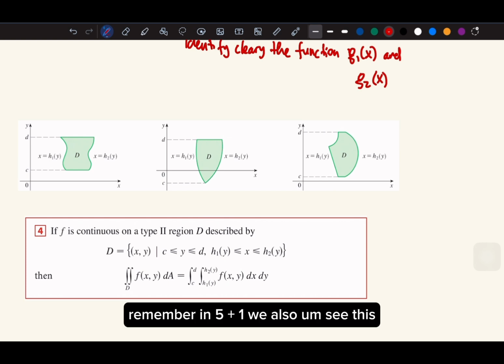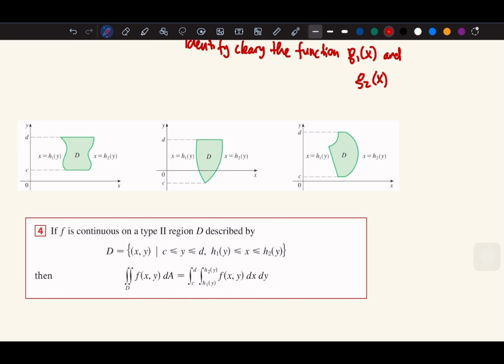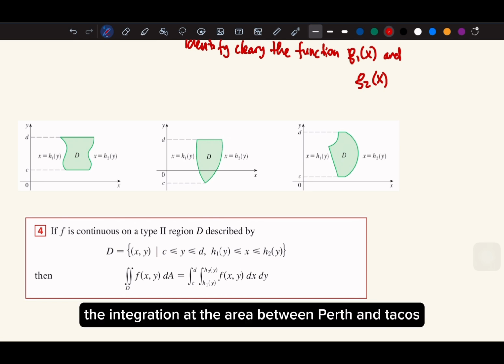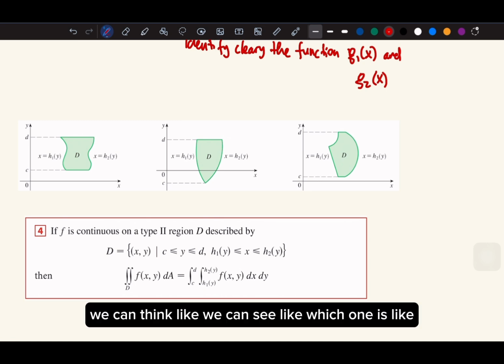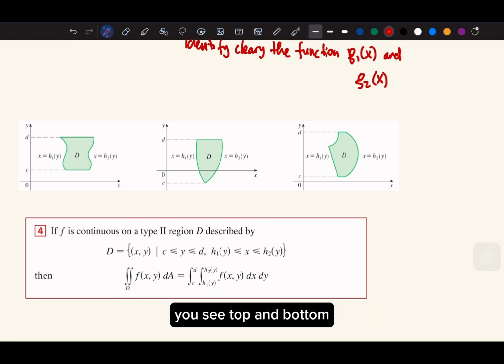Remember, in calculus 1, we also saw this integration, the area between curves, if you remember. We can think about which one is on the top and the bottom. The top is here and the bottom is here, if you see it from this side. If you rotate your hand, this one is on the top. Sometimes you forget that you can rotate the curve.